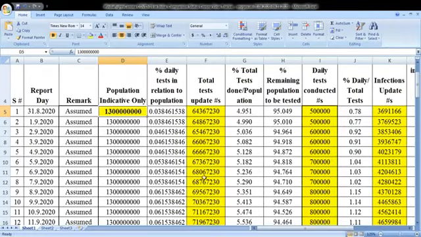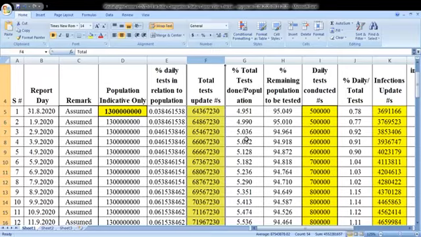I use this data in total test update numbers from the Government of India Bharat Sarkar website. That website is given in this file: mygov.in/covid-19, the web address of the government website.